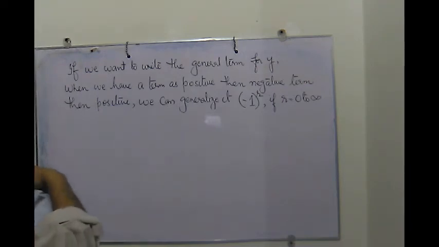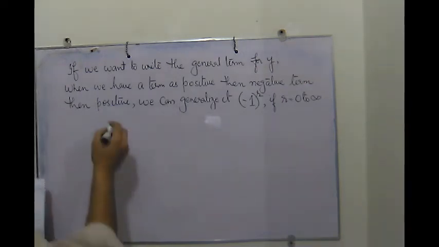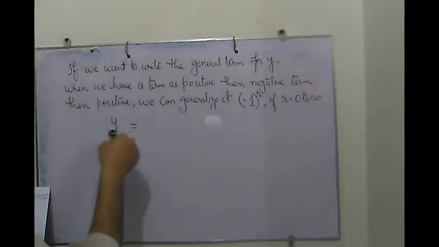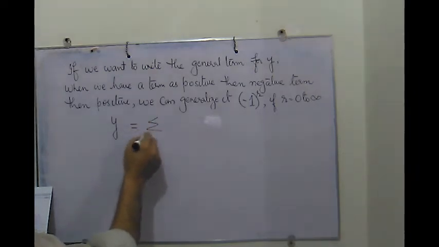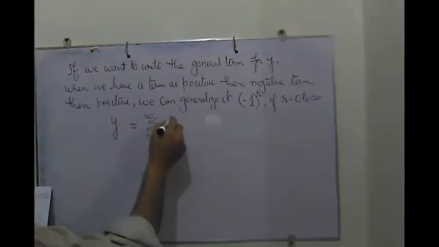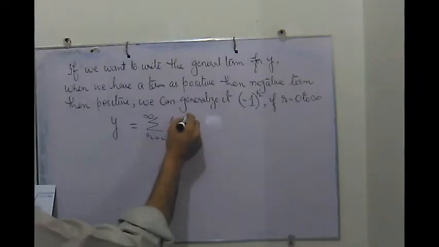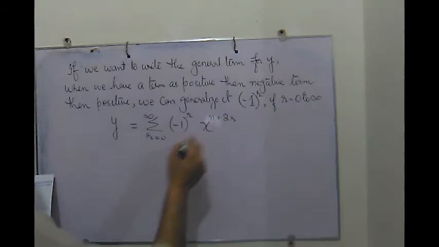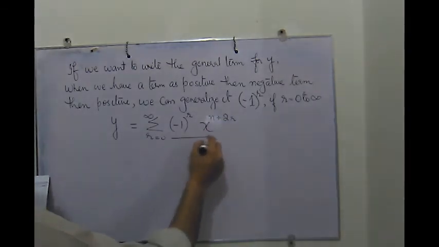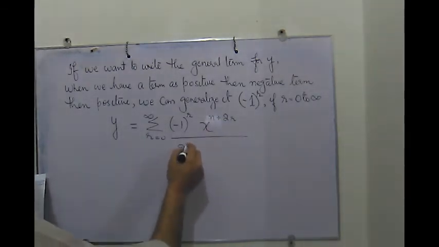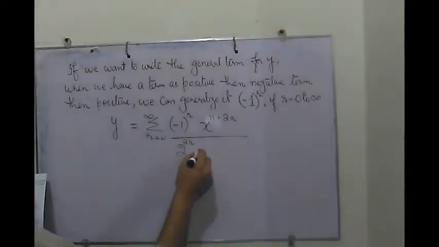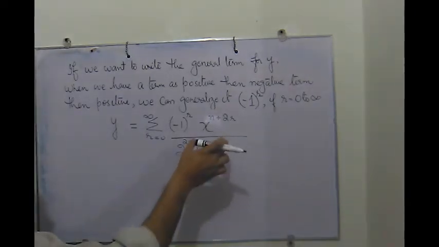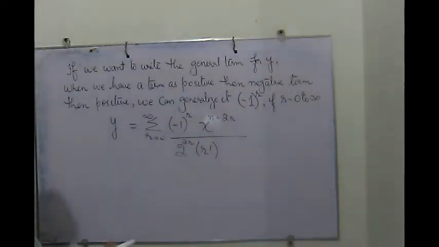So equation 2 will become, after opening the coefficients, summation r is equal to 0 to infinity, minus 1 raised to the power r, x to the power n plus 2r upon 2 raised to the power 2r, r factorial. So we see that all the terms are now generalized based on the value of r.